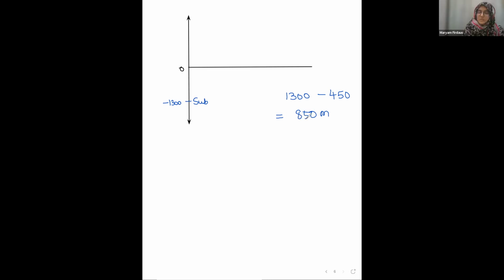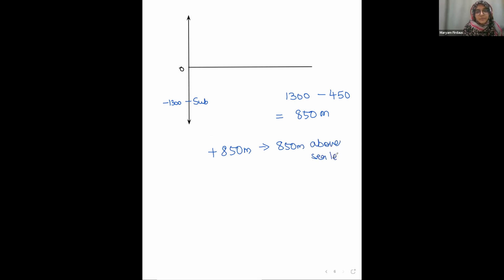Below sea level. Okay, Hiba, here is something which might be of some help. If I'm talking about above sea level, below sea level, if I say positive 850 meters, what does this mean? It means 850 meters above sea level.